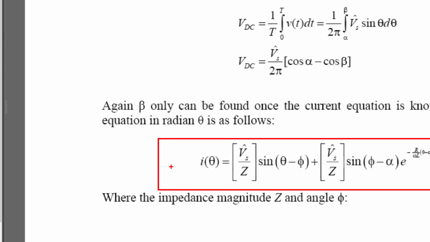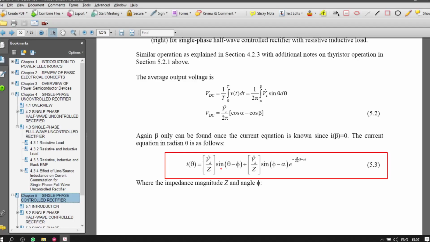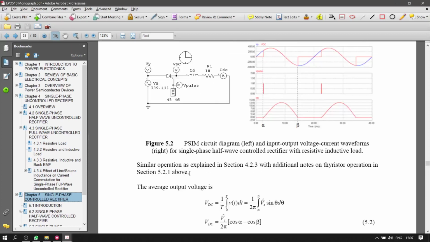That will determine beta here. If you know the current equation and you set the current at beta, the current will be equal to 0, isn't it?